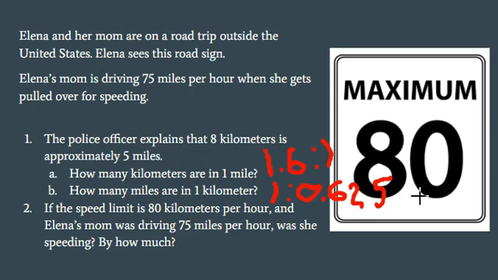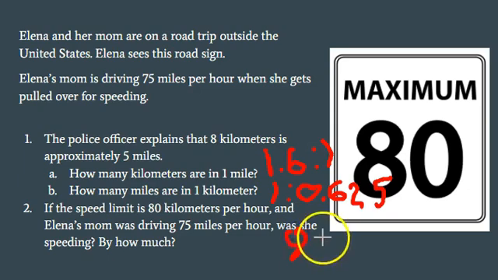So now that we know that, if the speed limit is 80 kilometers per hour, and Elena's mom was going 75 miles per hour, was she actually speeding? I think we can figure that out right away if we look at one real quick thing.